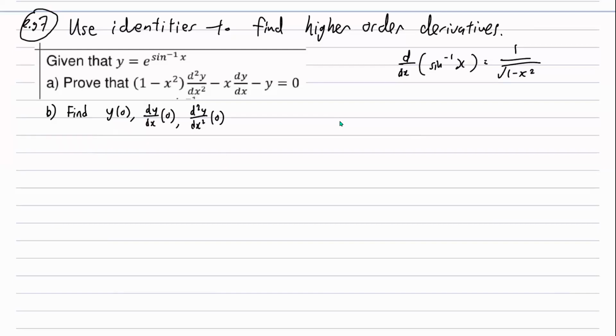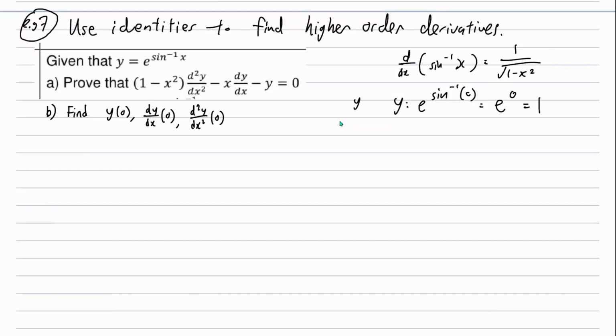So let's think about it. y(0) is e to the power of sine inverse of 0. Sine inverse of 0 is just 0. E power 0 is 1. No, it's not e, I mean e power 0.